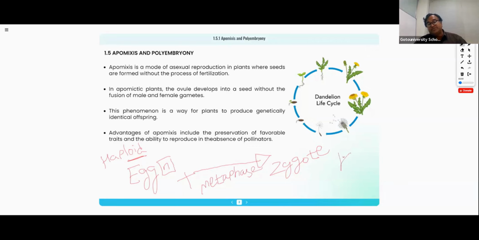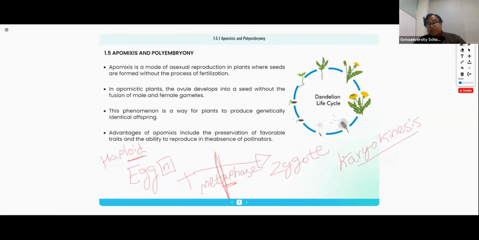Cytokinesis is cytoplasmic division, and it is not involved here. Karyokinesis is the process where metaphase happens. Because of metaphase, egg formation happens. But if the metaphase is getting arrested, I'm an egg undergoing metaphase of karyokinesis, I am not crossing metaphase of the karyokinesis of mitosis, then what will happen?